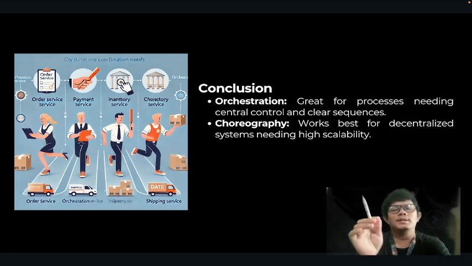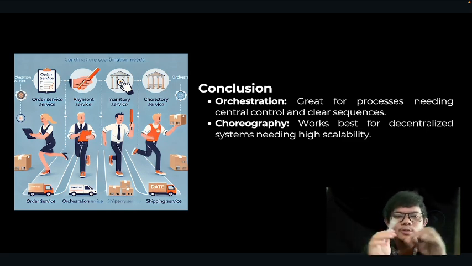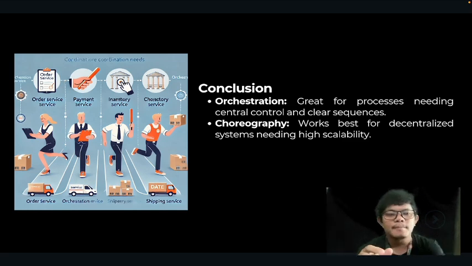For the conclusion, orchestration is great for processes needing central control and clear sequences, and choreography works best for decentralized systems needing high scalability. So choose based on your business needs, system complexity, and infrastructure. Because sometimes you need a conductor, and other times you just need everyone to know the steps. So choose wisely.